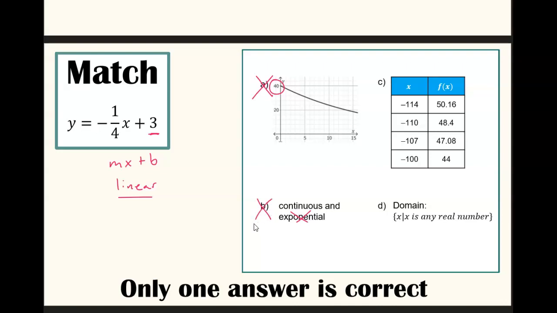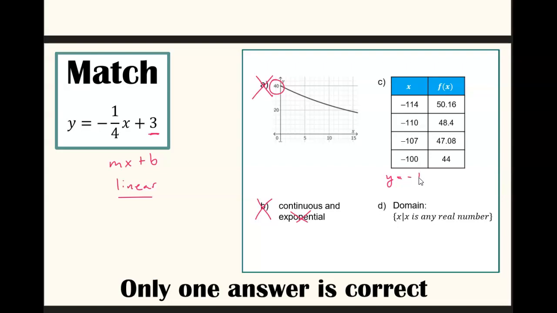How about C? Oh, we've got a table. So I guess we could just take any of these numbers and plug them into the function and see if it works. So maybe I like 100. 100 is a nice number for easy multiplication. Let's try that one. So we'd have y equals negative 1/4 x plus 3.